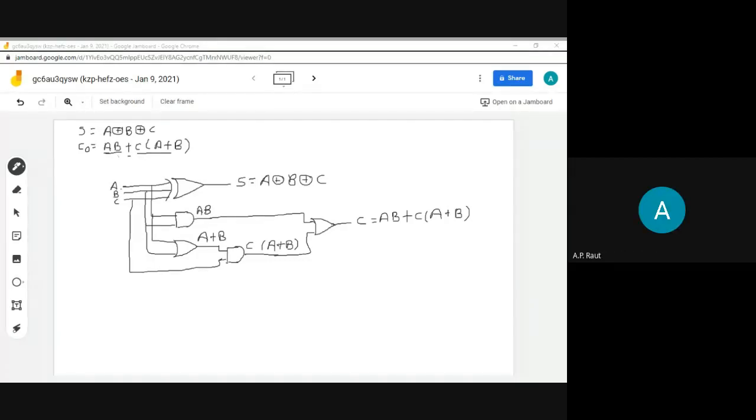Okay, so this is the half adder and full adder. When we perform the addition operation, there are two types of binary adder. First is half adder, second is full adder. What is meant by half adder?